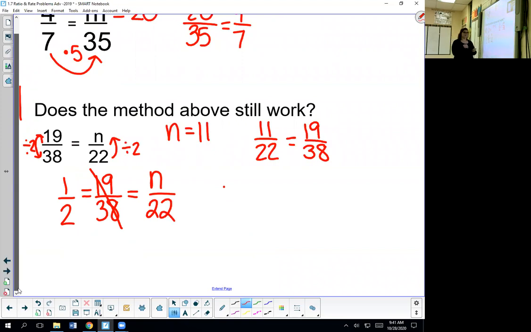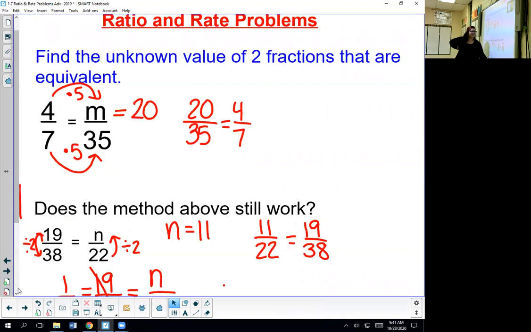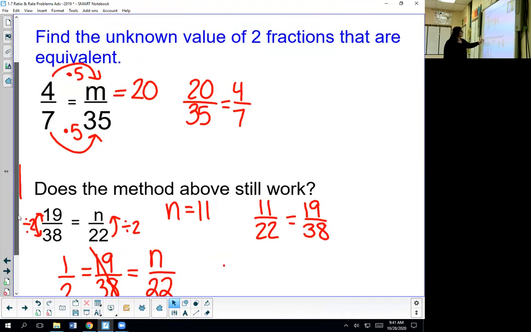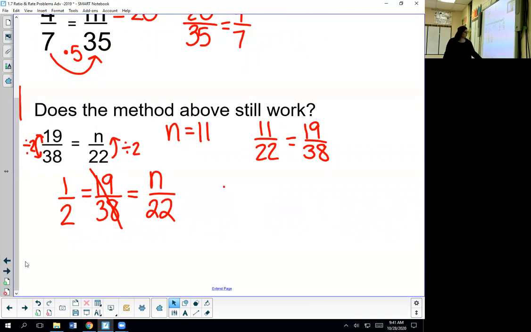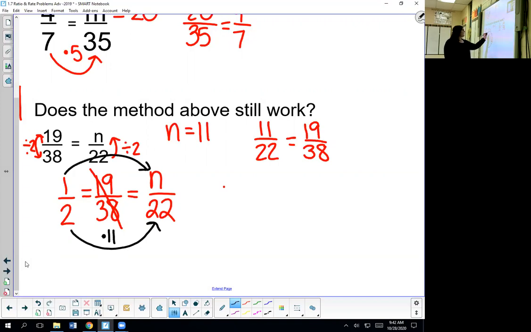Could I do it that way? And I said, absolutely. Because if you simplify it, which I showed you before when we did ratio tables and scaling, you could go from 2 to 22 by multiplying by 11, because that does have a pattern. And then you could do it up here, times 11, and we still get the same result.